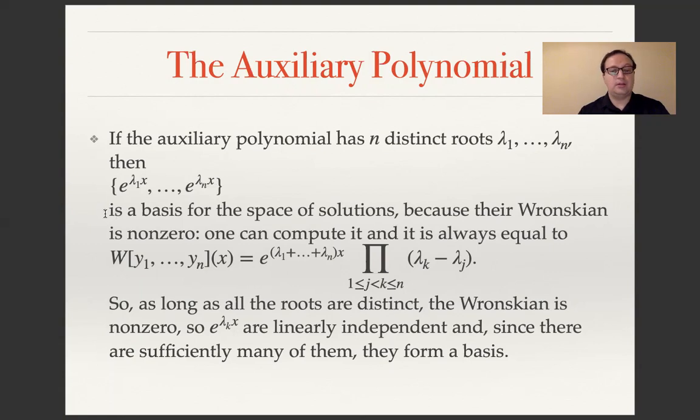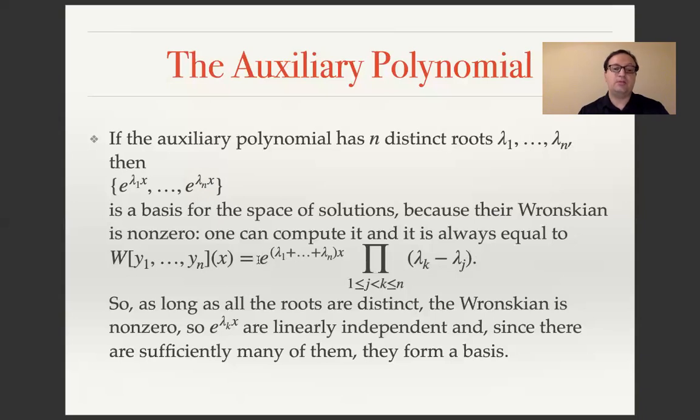And second, we need to check whether these exponentials are linearly independent. And for that, we compute their Wronskian. A computation, which I'm not going to do here, shows that their Wronskian is indeed always non-zero.